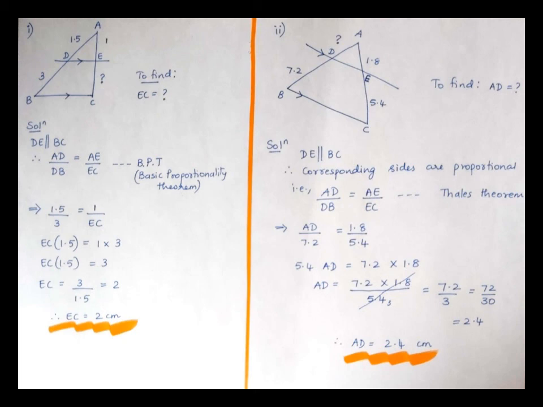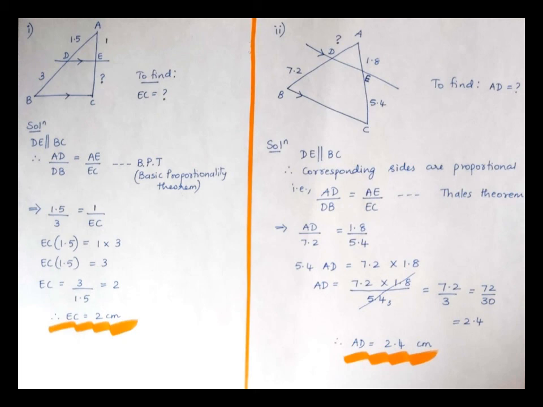Now if you do some calculations here, that is cross multiplication, EC into 1.5 is equal to 1 into 3. Next step, 1 into 3 will be 3 and send 1.5 to the other side, that is RHS. So it is going to be 3 divided by 1.5 and the answer is 2. Therefore, EC is 2 centimeter.